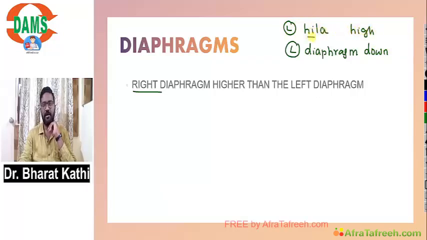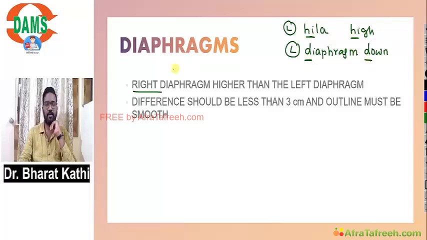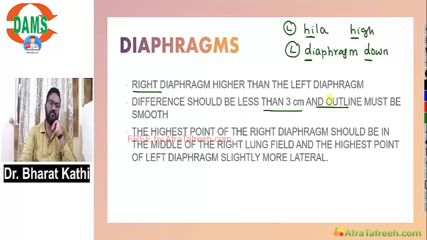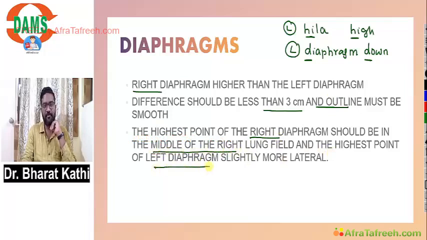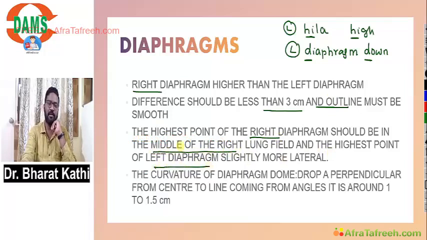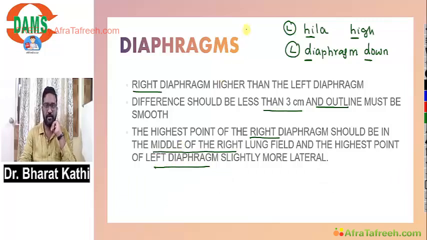So here hilum on the left side is high, and diaphragm will be down when compared to right. Difference should be less than 3 centimeters and outline should be smooth. The highest point of right diaphragm should be in the middle of the right lung field, and the highest point of left diaphragm should be slightly more lateral. So this is something normal.